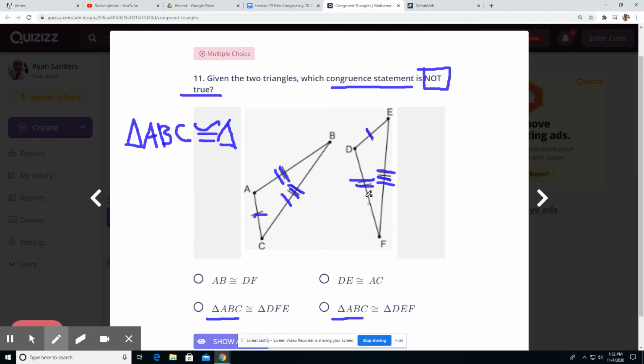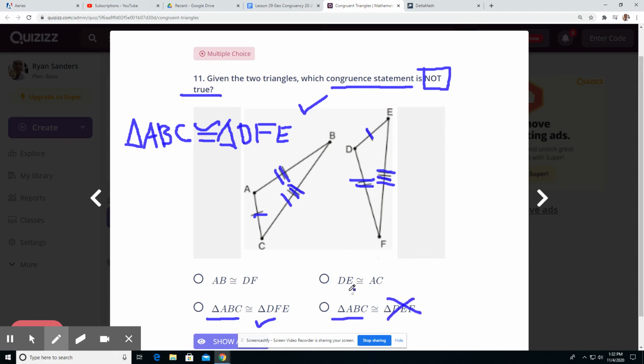So D, F, E. Let's just confirm A, B, C over 2 ticks, over 3 ticks. D over 2 ticks, F, 3 ticks, E. Yes, so that checks out. So there's the mapping. ABC is congruent to DFE. Yep. ABC is congruent to DEF.